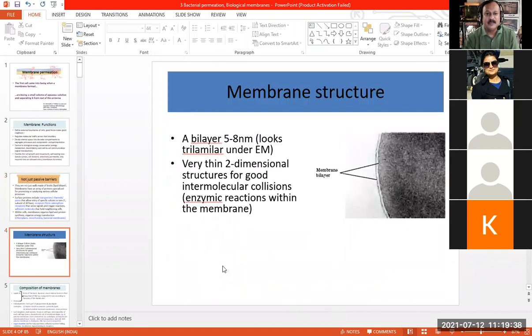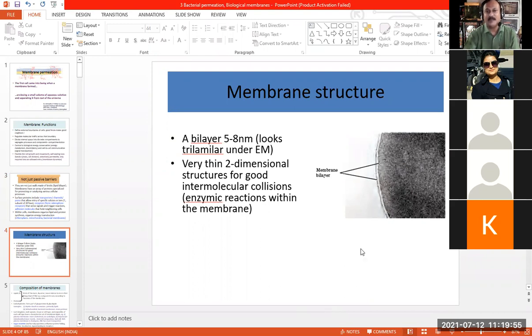Then coming to the membrane structure. If you look at it in an electron microscope, like the image shown here, a transmission electron micrograph, it shows that it is actually a trilamellar structure.